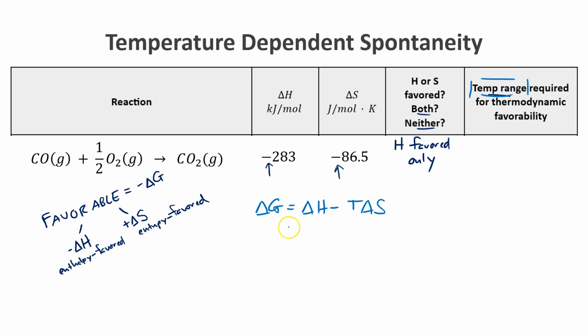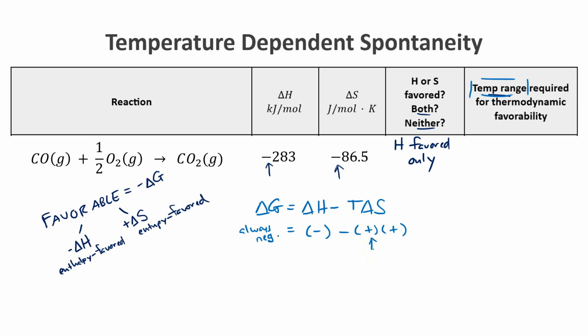That's going to happen when the reaction you're analyzing is both enthalpy favored, so negative delta H, and entropy favored, so positive delta S. With those signs, a negative H and a positive S, your answer for delta G will always be negative. If you just think about that, a negative minus a positive, you are guaranteed to get a negative delta G as the answer, no matter what this temperature is.